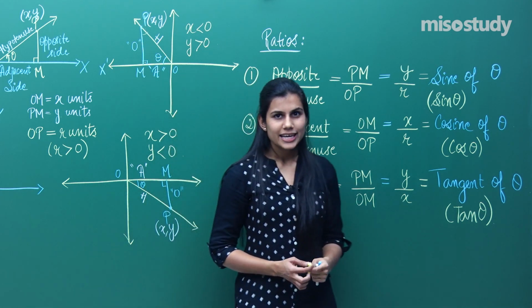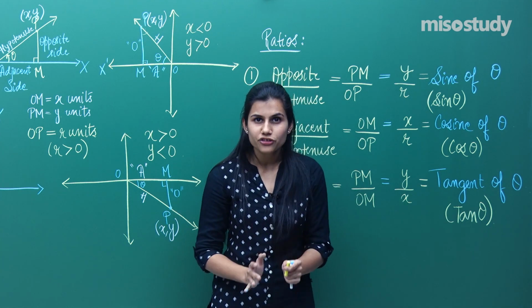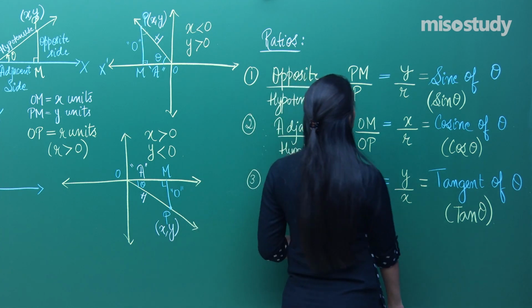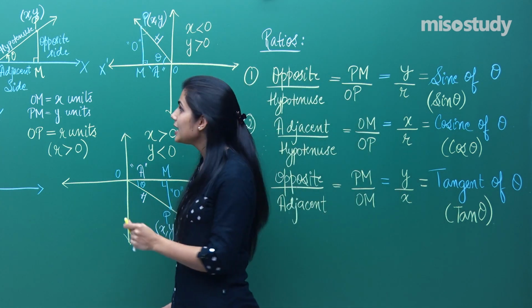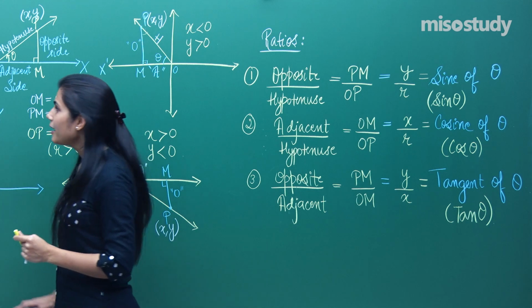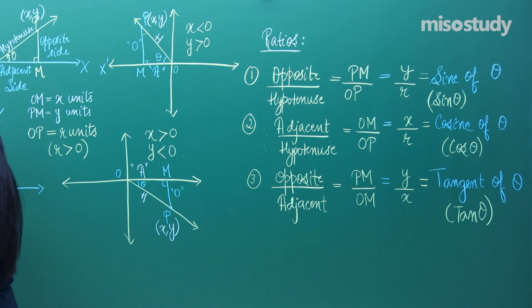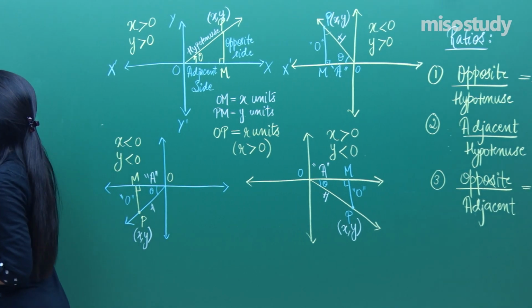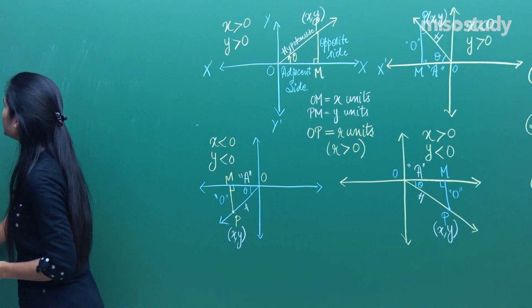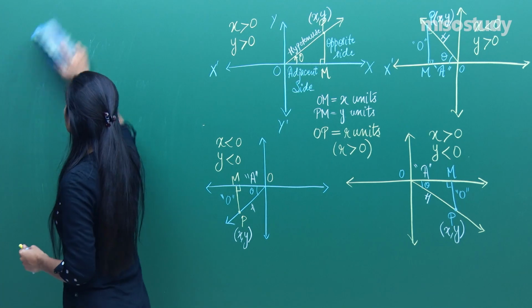That is the name of these three ratios which we have formed with the help of the sides of the right triangle in reference. There are three more ratios which actually are nothing new, but the previous three ratios only give rise to these three ratios.